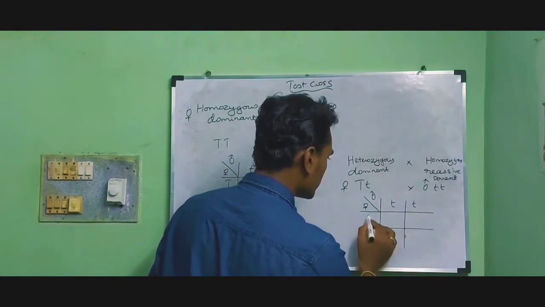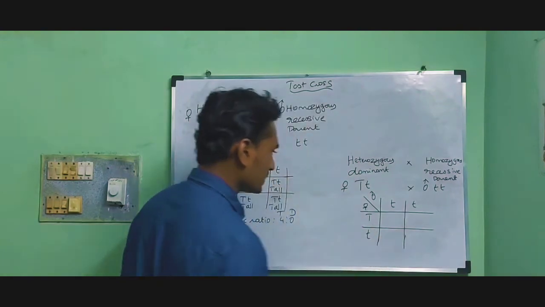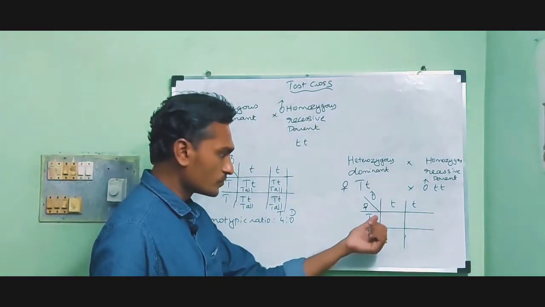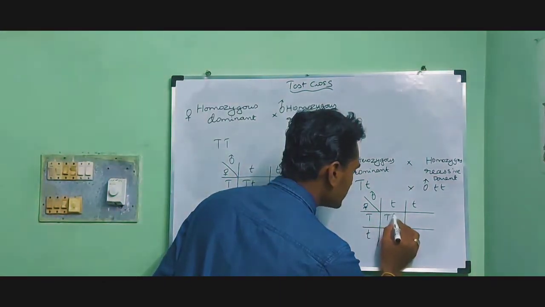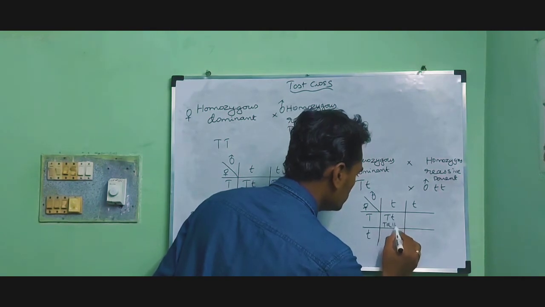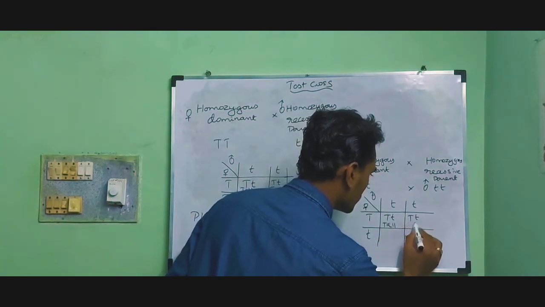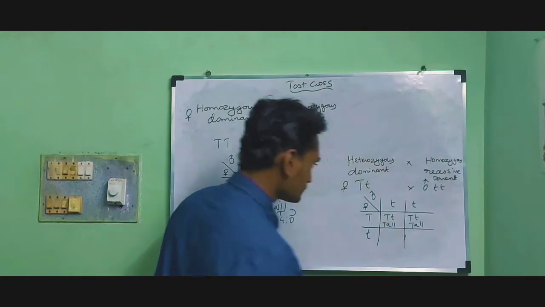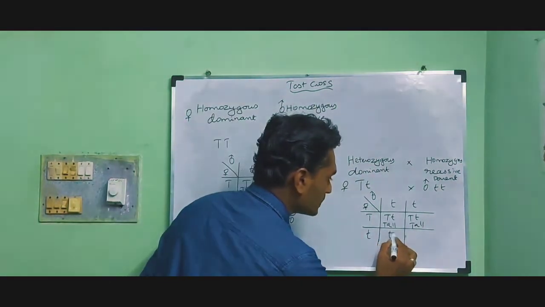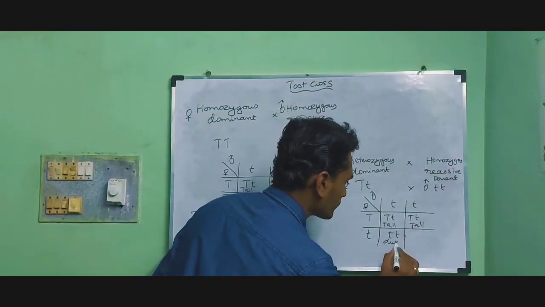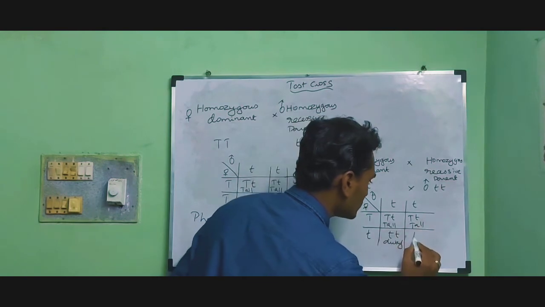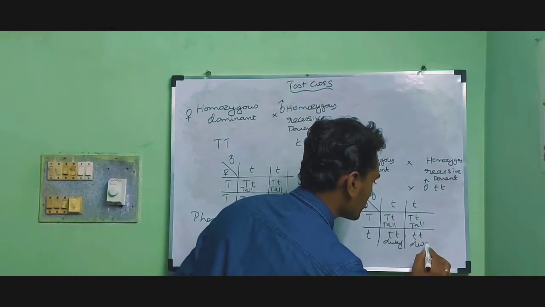The gametes fuse to form capital T, small t, tall plant, twice, and small t, small t, dwarf, twice.